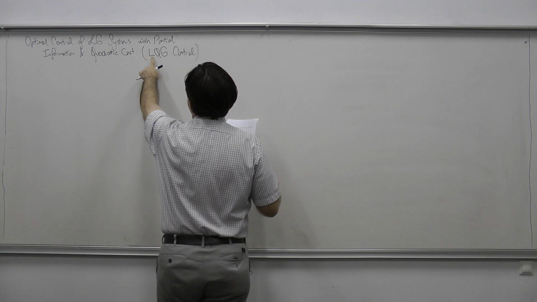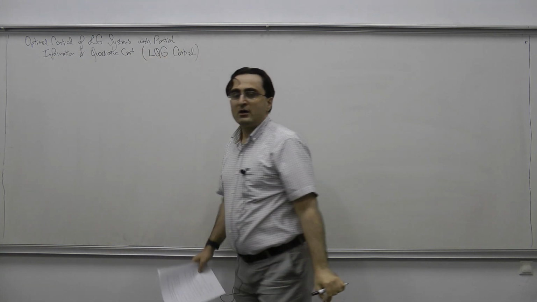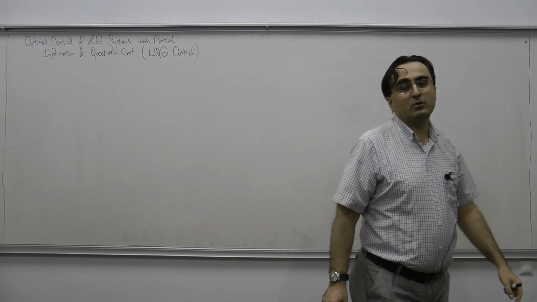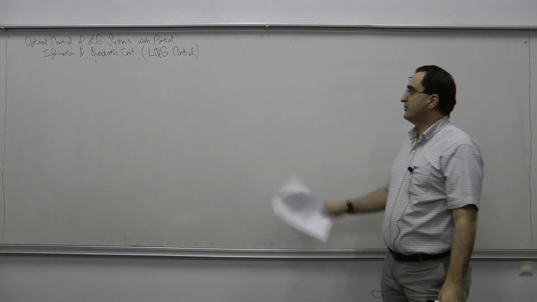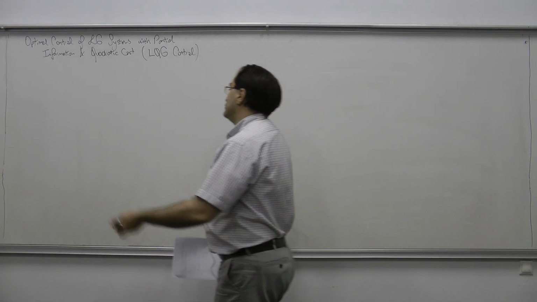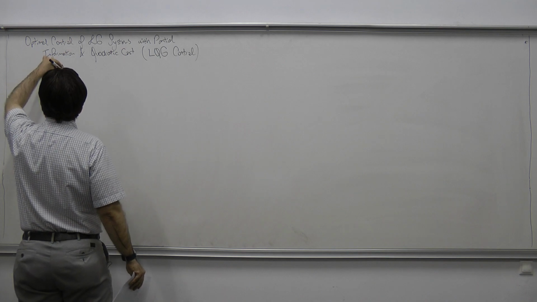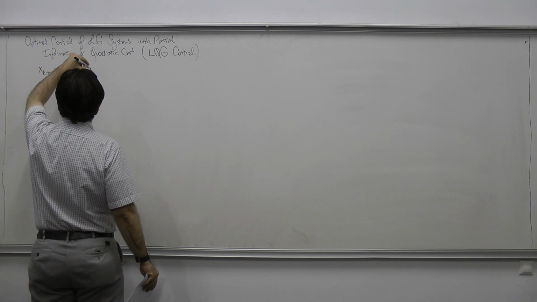Okay, so we have a linear system, we have a quadratic cost, we have Gaussian noises, and then we would like to optimally control such a system to optimize a quadratic cost. So you all know now what the equations of such systems would look like.